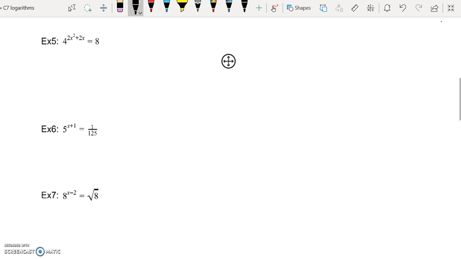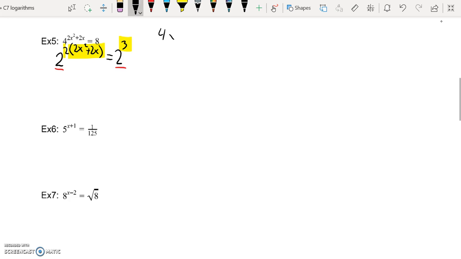We're going to change the 4 on the left-hand side into 2 squared, which means we're multiplying powers times powers. And we're going to change the 8 into also a 2, because 8 is 2 cubed. That way we do have the same bases, and we can set the exponents equal to each other.